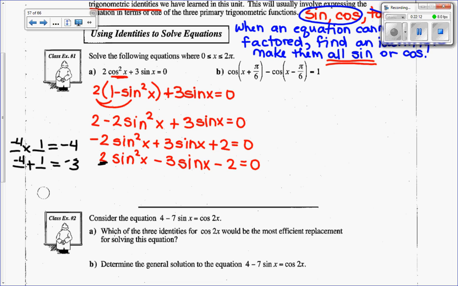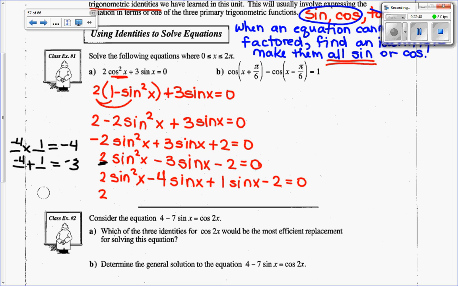All right, so this is going to be 2 sine squared x minus 4x plus 1x minus 2. Oops, sorry, I forgot, this is not just 4x, it's 4 sine x plus 1 sine x minus 2 equals 0.